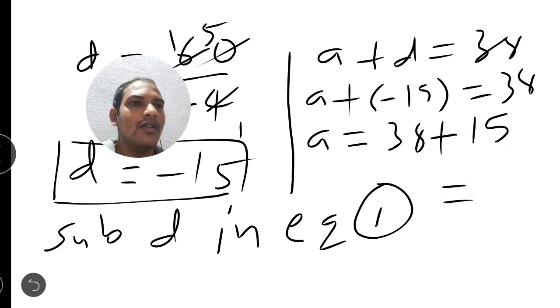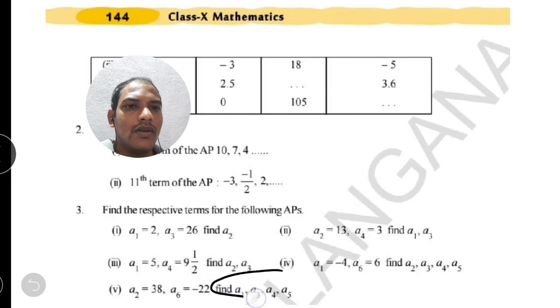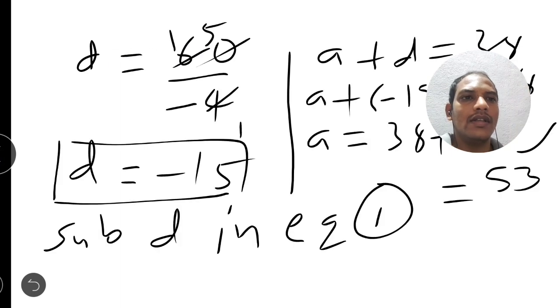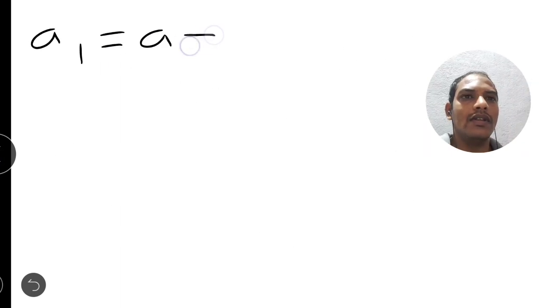Then how much is the A value? 5 plus 8 is 13, 1 carry, 4, 5. 53 is the A value. Okay. So now find A1, A3, A4, A5. First, A1 is nothing but A. So what is the A value? That is 53.